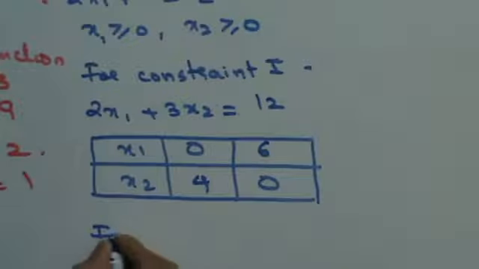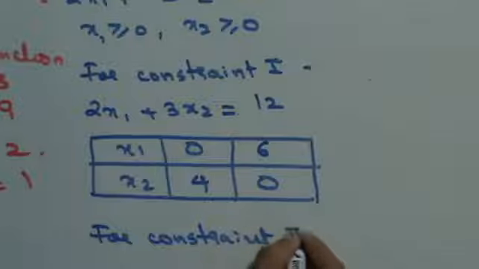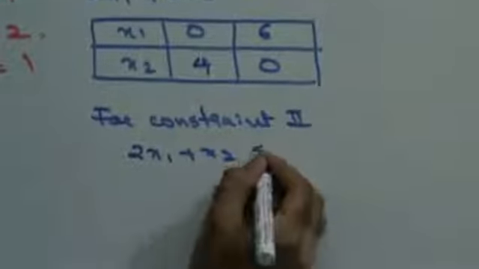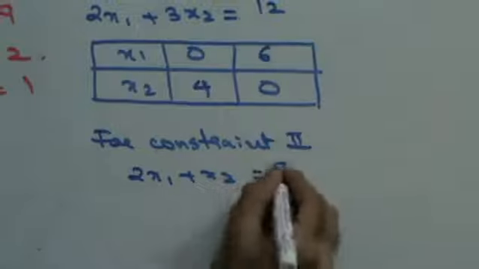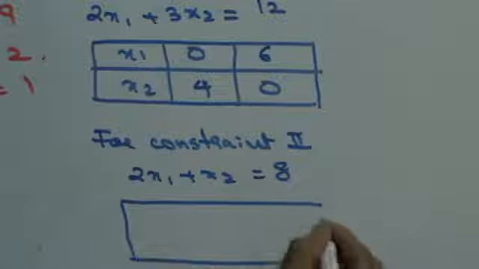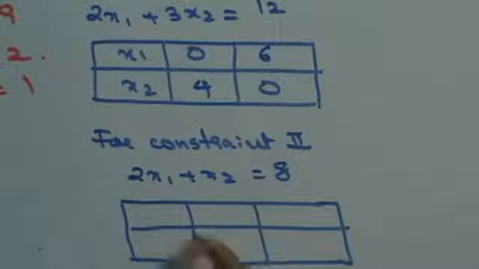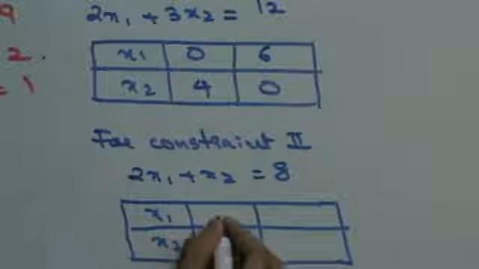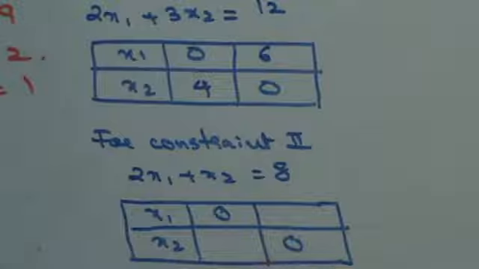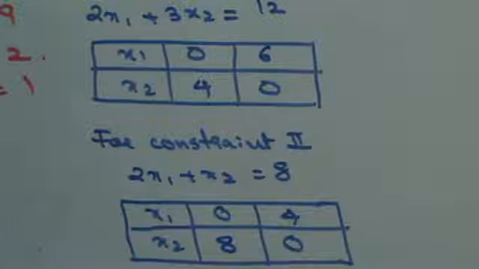Now I can say for constraint 2, constraint 2 is 2x1 plus x2 is less than equal to 8. x1, x2, 0, 0, right? x1 is 0, so that means x2 will be equal to 8, x2 is 0, so x1 will be equal to 4, right?